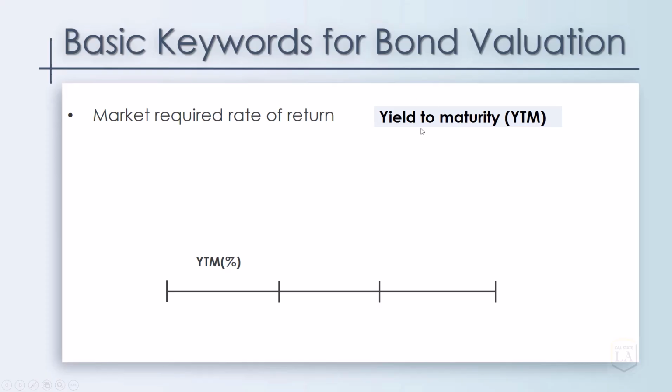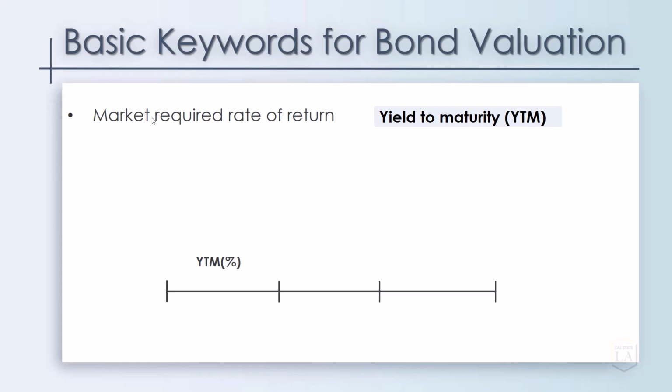The meaning of yield to maturity is what's used in the market as a discount rate or required rate of return. So we just accept it as what's prevailing in the market for any kind of asset or investment vehicle which has a very similar characteristic or risk structure.